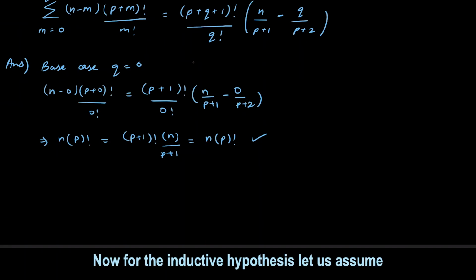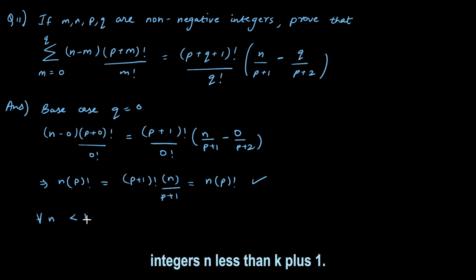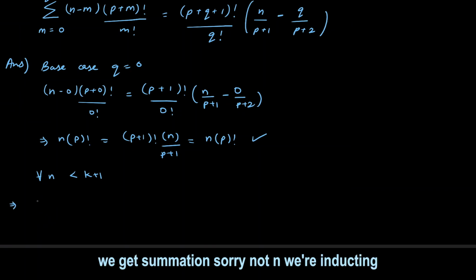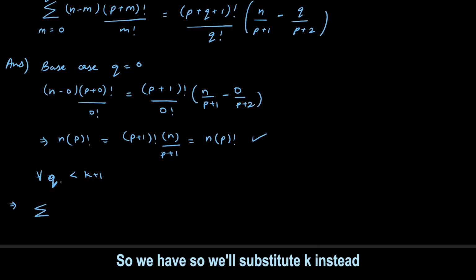So the base case is satisfied. Now, for the inductive hypothesis, let us assume that this is satisfied for all non-negative integers q less than k plus 1. Sorry, not n, we're inducting on q, right? So we'll substitute k instead of q.